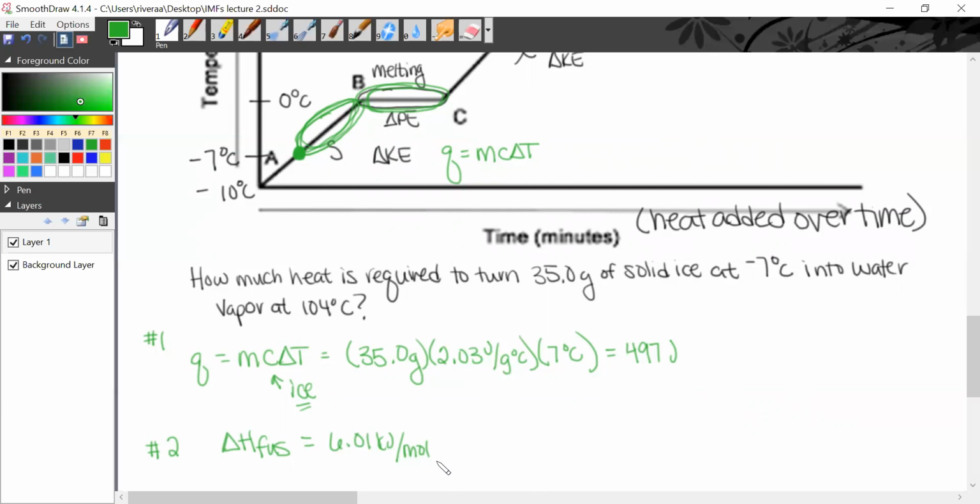So if I melted a mole of ice, I would have needed to add in 6.01 kilojoules of heat. But I didn't melt a mole of ice. I melted 35 grams of ice. So let the units lead the way. Turn your 35 grams into moles using your molar mass of water.